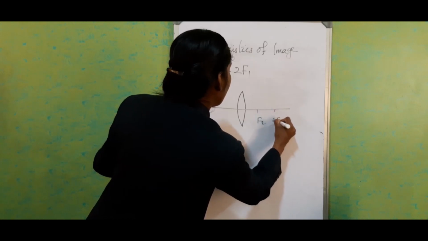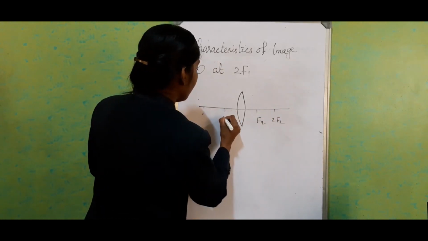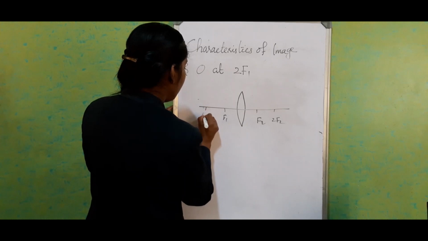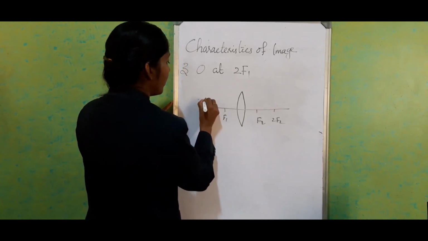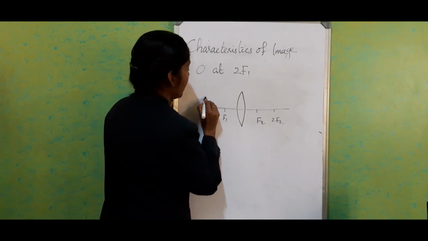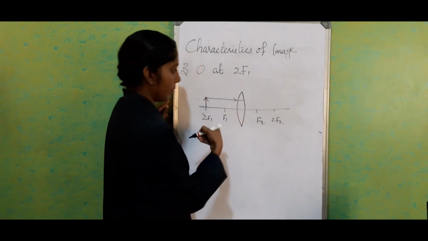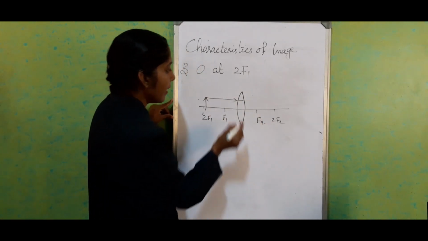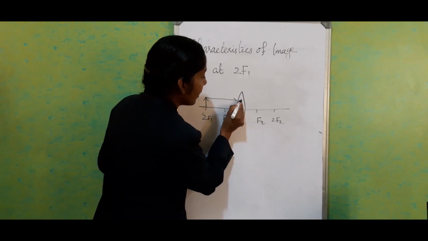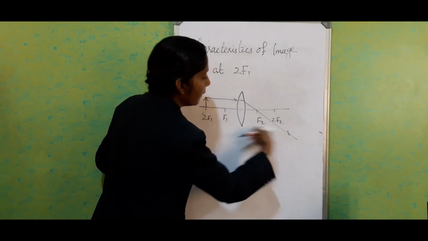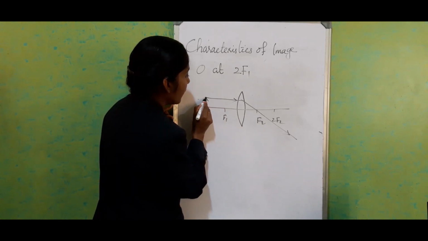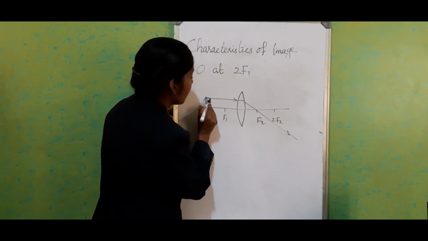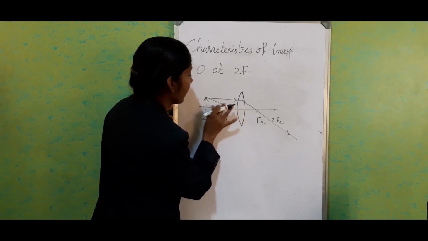F2, F1. This is our object. First ray passes parallel to the principal axis. After the refraction, it passes through the focus. Second, a ray which passes through the optic center.